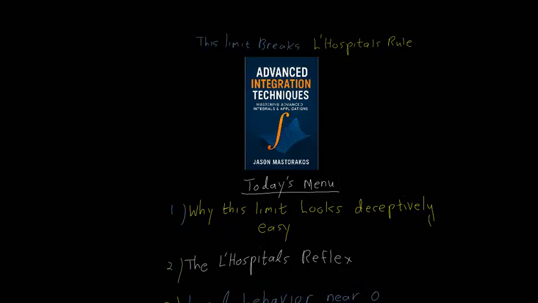We're going to be discussing this today, and we're going to look specifically at why this limit looks deceptively easy. There's going to be an example below about a limit that looks like it needs L'Hôpital's rule, but it's actually a trap. Number 2, the L'Hôpital's reflex. 3, local behavior near 0.